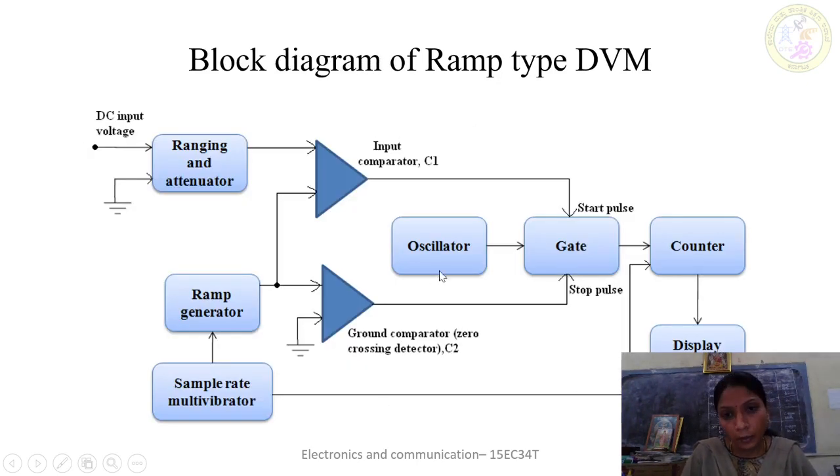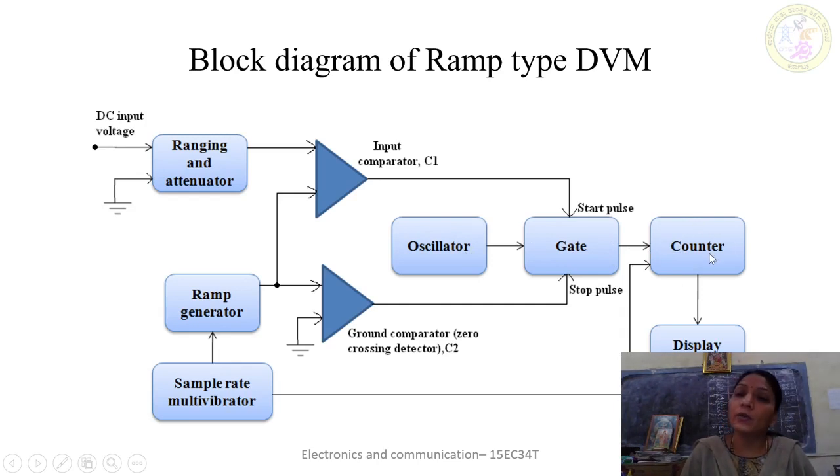Here, see here, the oscillator provides the clock pulses to the gate. So when the start pulse occurs at this gate stage, this gate will allow these clock pulses to pass, and the counter counts the oscillations of the oscillator, it counts the clock pulses.